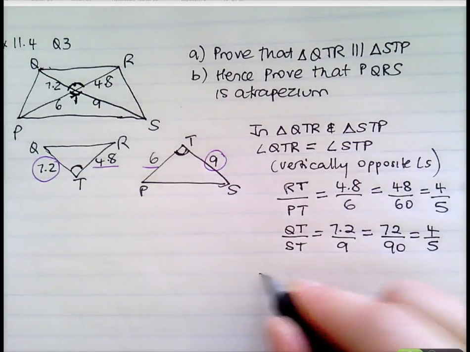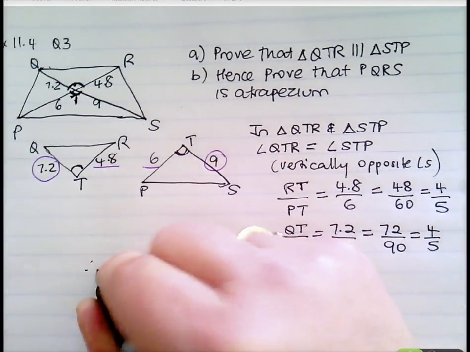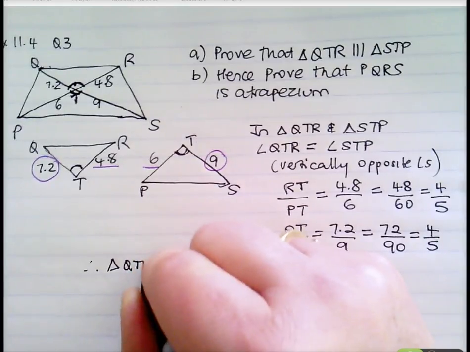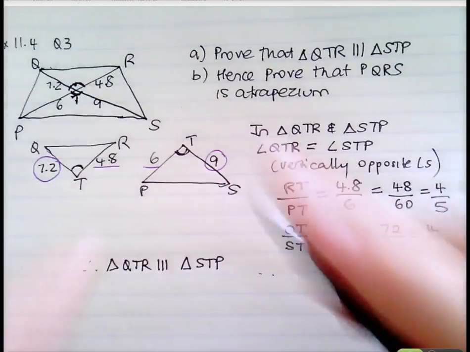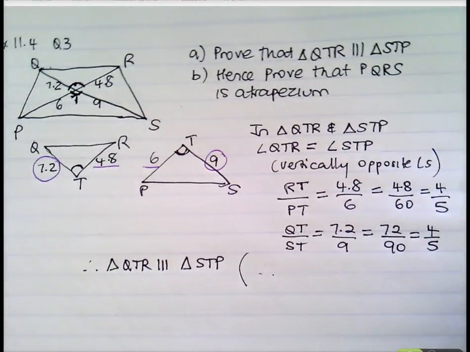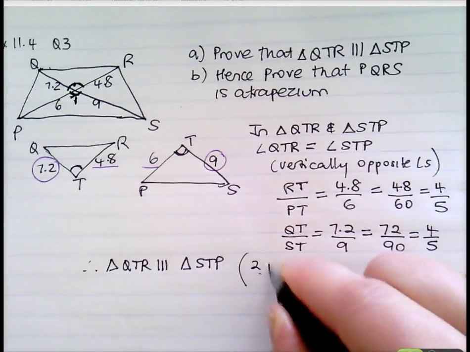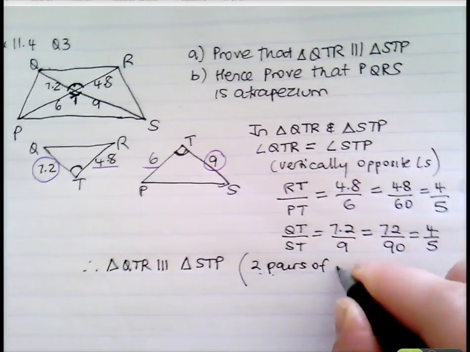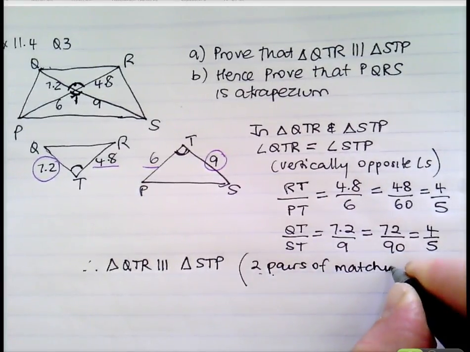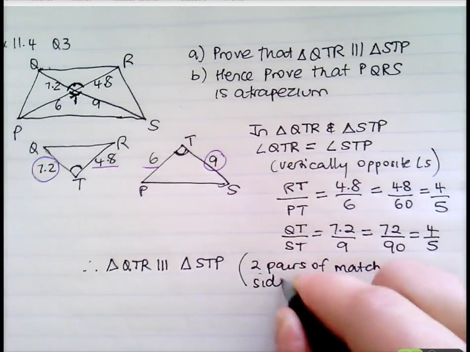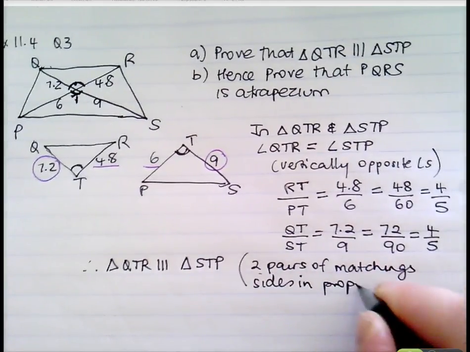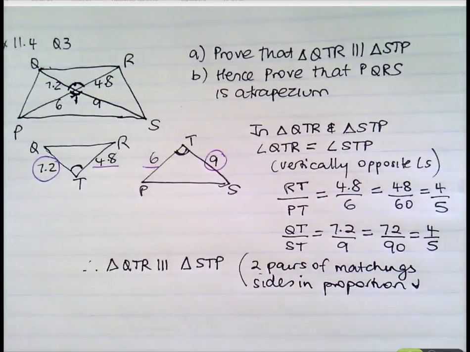So therefore, girls, now we can say that triangle QTR is similar to triangle STP because look what we've got. Two pairs of matching sides are in proportion, and what about the angle in between them?